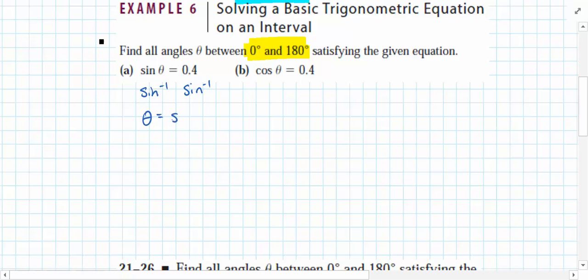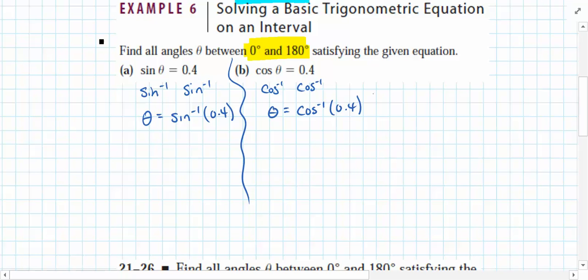Therefore, theta would be equal to arc sine of 0.4. For part B, we're going to rely on the inverse of cosine, which is sometimes called arc cosine. Therefore, theta would be equal to arc cosine of 0.4 as well.